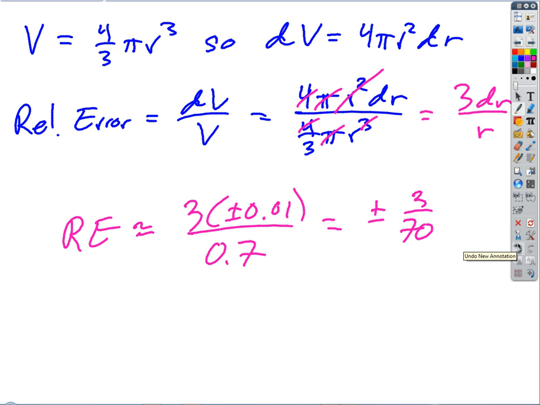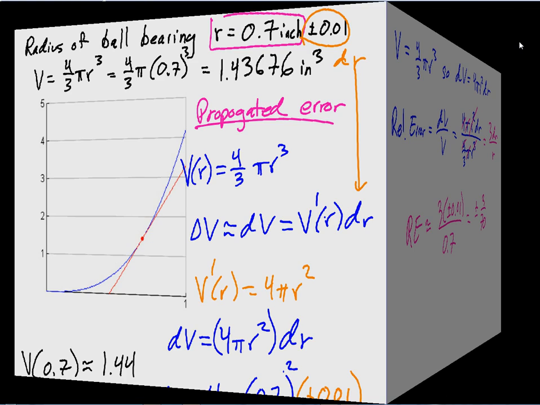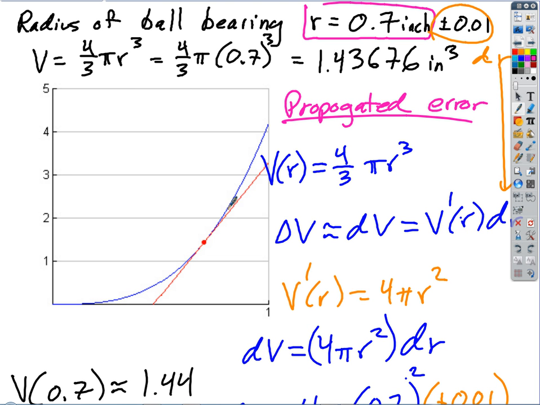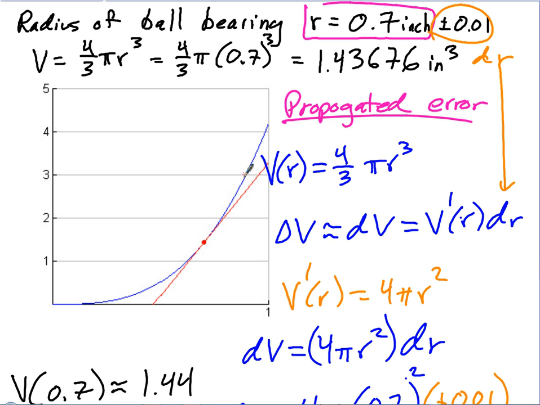Okay. Now, if we go back and look, I guess I need to make maybe one more point here on this little idea. Because this thing is nonlinear, I'm just going to do this qualitatively. Would you agree that the blue volume function is getting steeper as R increases? Right? So think about this a little bit: we had this plus or minus 0.01, which was our error measurement in the radius.